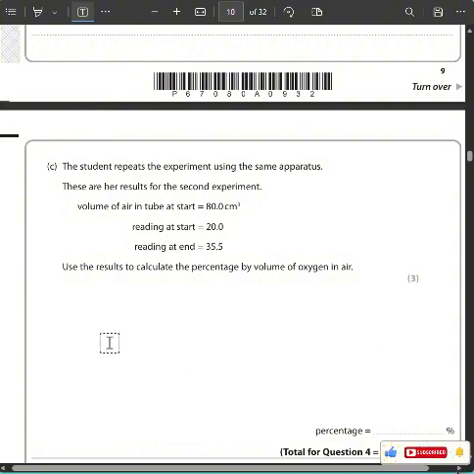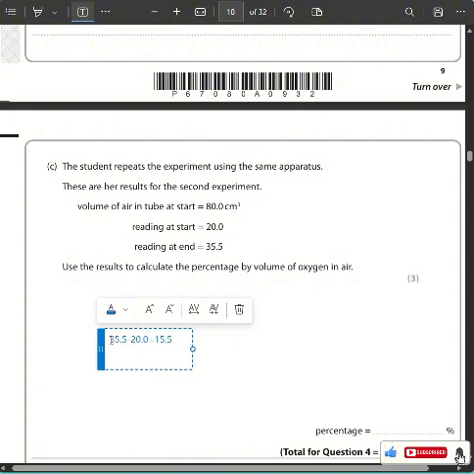For this we should subtract the initial result from the final one. 35.5 minus 20.0 equals 15.5.